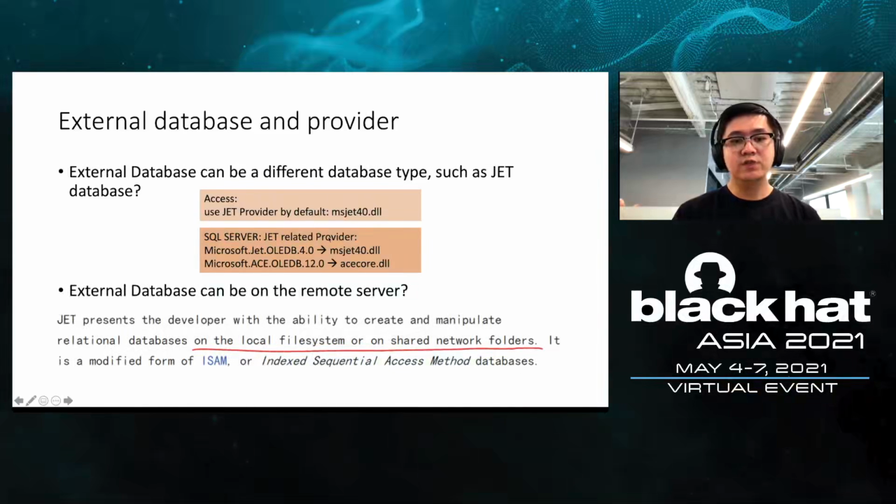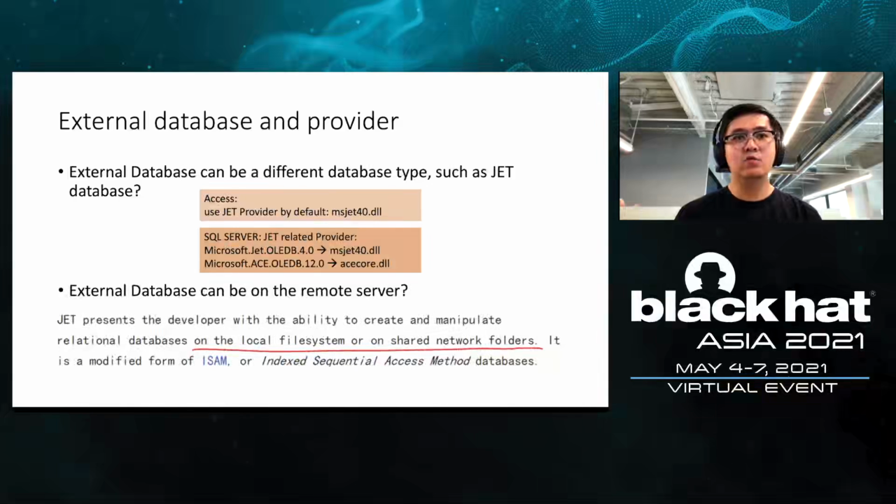You only need to set the provider with these strings, Jet 4.0 or ACE 12.0 or 16.0, to let SQL Server use the related Jet database engine to do the cross-database SQL query. It is very interesting, right? SQL Server can use the Jet database engine to do cross-database SQL queries.